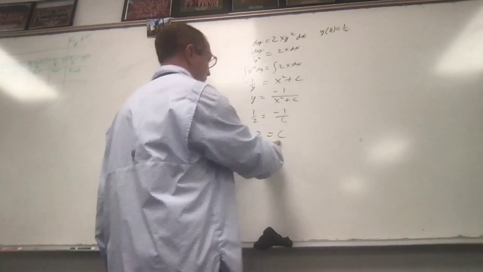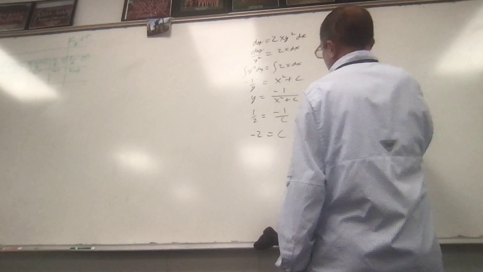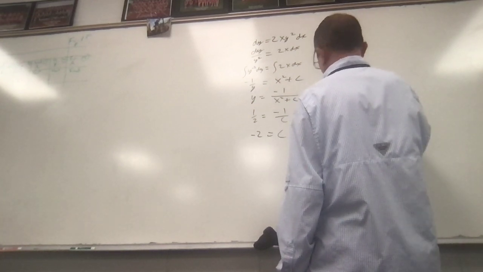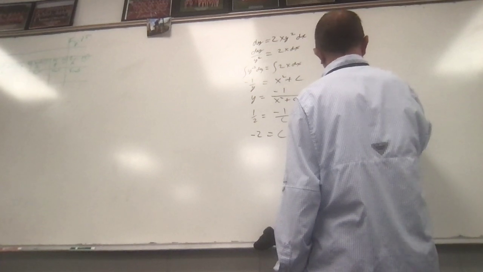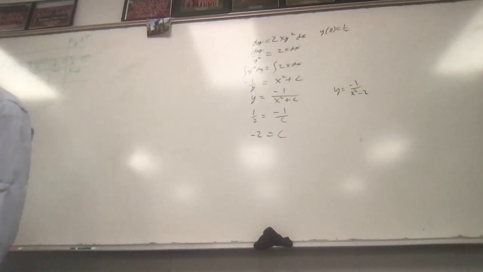So that's gonna be my 4th point. My 5th point is y equals -1 over x squared minus 2. And that's where I earn my 5th point, by writing the specific equation out. So that's 5 out of 9 points.